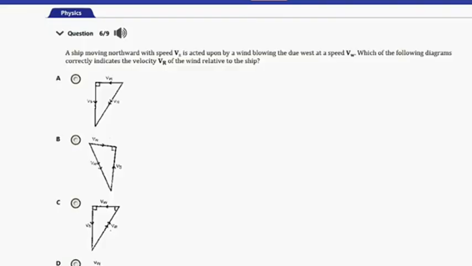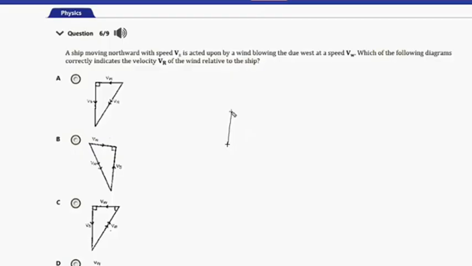So guys, if we use the triangular formula here for this, first of all, the ship was going with a speed which was tending towards north. So in that case, we are going to draw this upwards, that's northward direction. Whereas the wind started blowing westward, that's towards the left direction here.